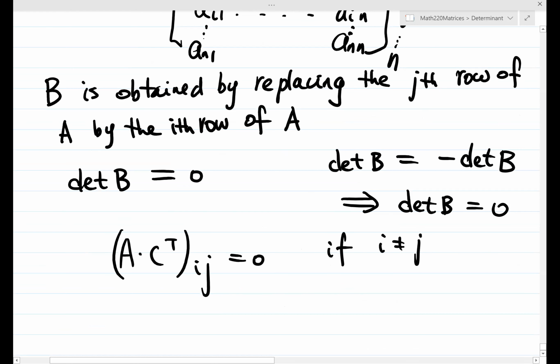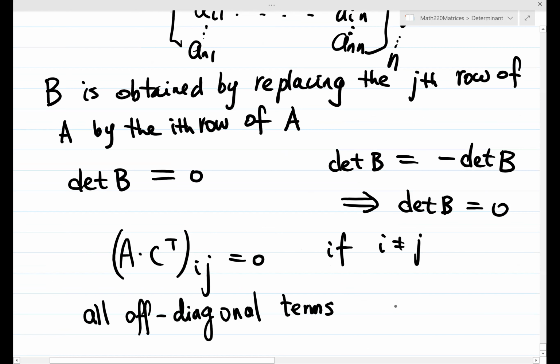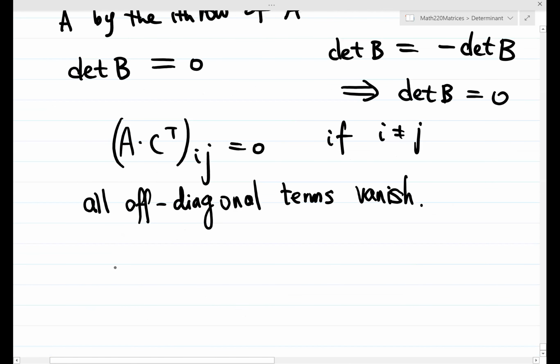So all of the off-diagonal terms vanish. The diagonal terms are determinant of A. So this matrix A times C transpose will look like this matrix.